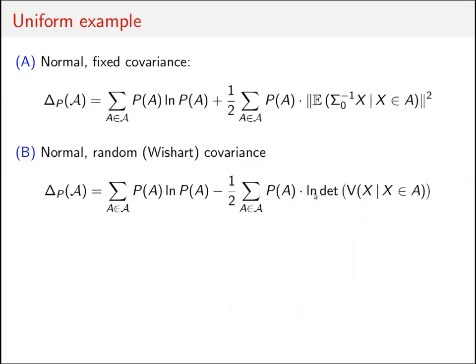This is the expected value of the logarithm of the determinant of the conditional covariance matrix conditioned on the observations being in. Apologies, in here it should be, those expectations you take with respect to P, and in here those covariance matrix you also take with respect to this P distribution.